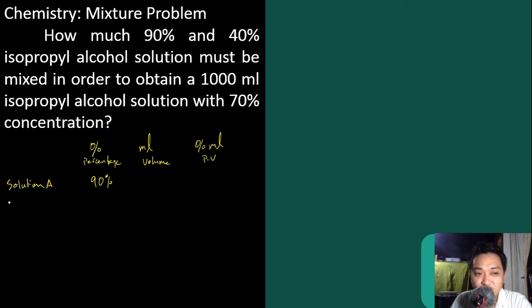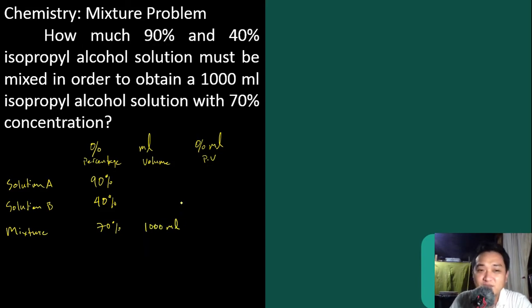We are also dealing with solution B, or alcohol solution B, wherein yung concentration naman niya mas mababa, which is 40%. Ang gusto natin, yung mixture natin is maging 70%. At yung magiging output niya is 1,000 ml.